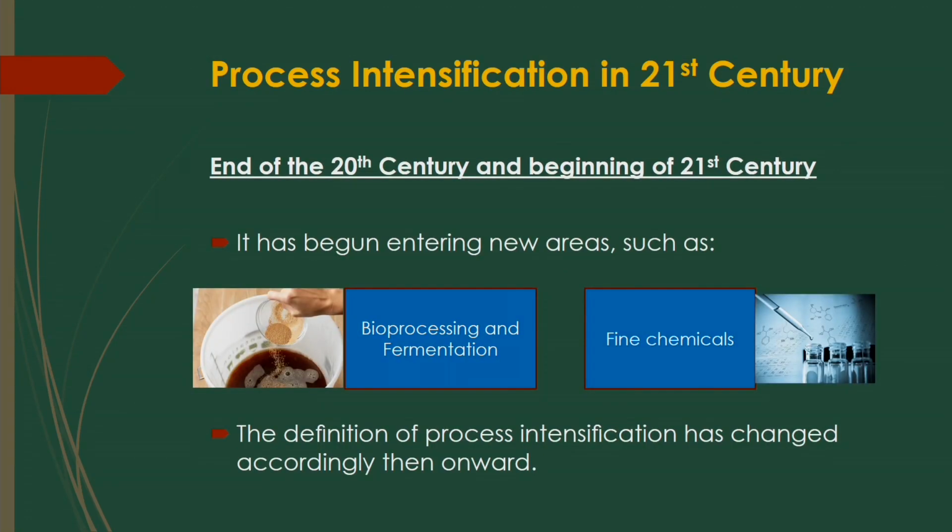At the end of the 20th century and the beginning of the 21st century, it is seen that new areas such as bioprocessing and fermentation emerged, and how to intensify those processes, even how to produce fine chemicals, as Dow Chemicals is producing. Other chemical industries also have started to produce greener products. And from then onward, the change in the definition of process intensification started.